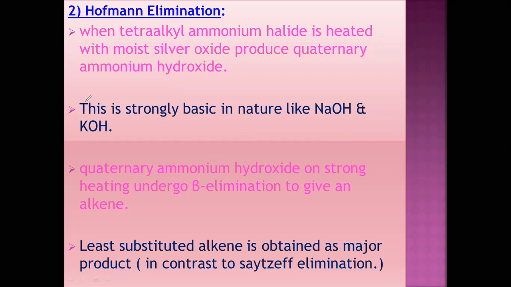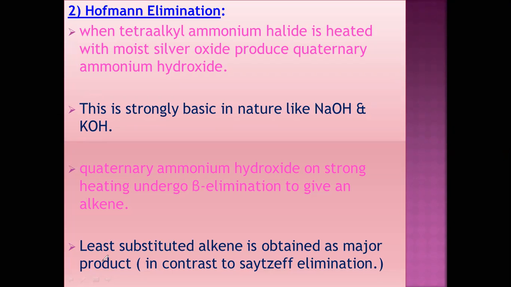That means when quaternary ammonium hydroxide is heated, it undergoes beta elimination to give an alkene. But here, alkene is obtained as a major product. But which type of alkene is obtained as a major product? The alkene which is least substituted in nature.